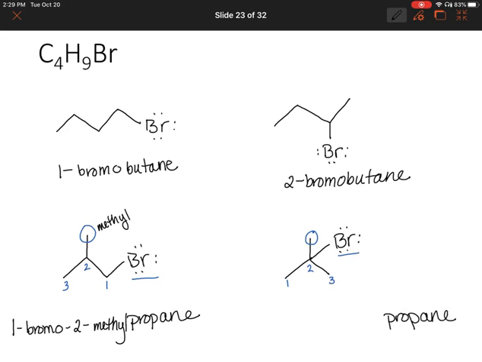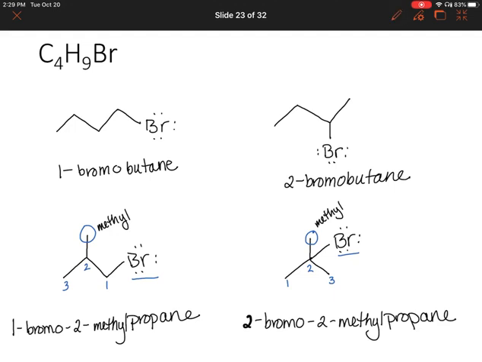And then we have, again, a methyl group and a bromo group. And we've said that bromo would come first. So this time we would have 2-bromo-2-methyl.